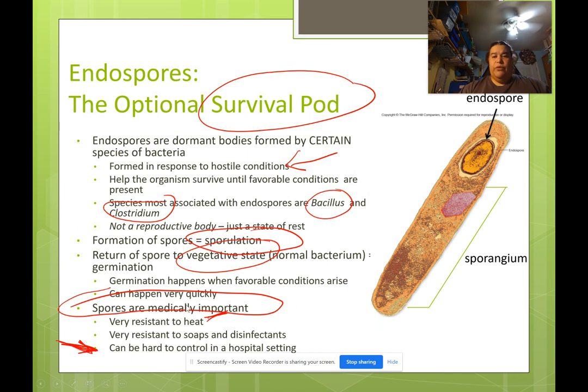If you look on the right hand side, this is a spore. Inside, you will notice that there is this little bubble. This is actually the endospore. This is the thing that will rise again. This whole outer covering, the sporangium, is the dormant part. It's that hard shell that's protecting it.